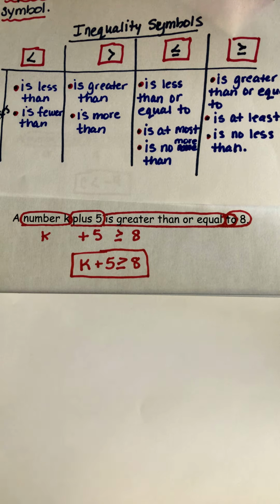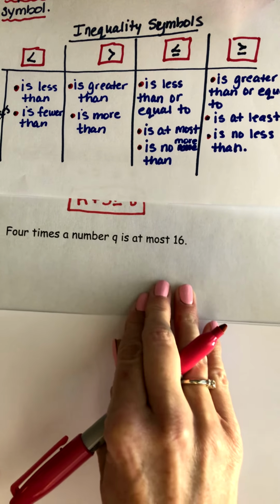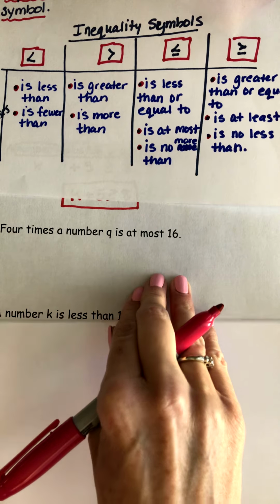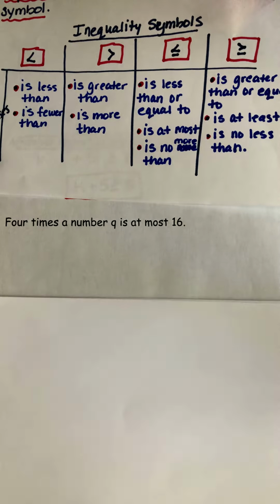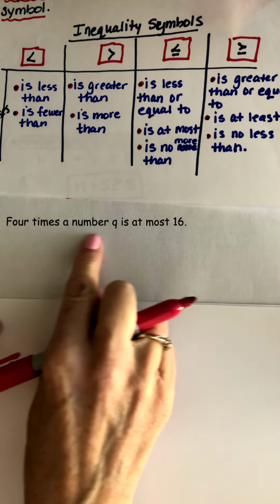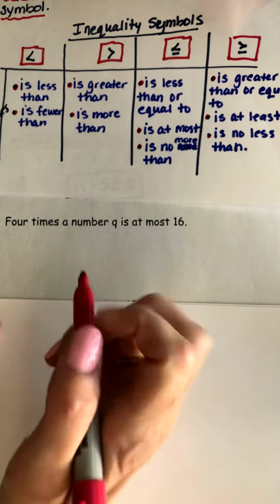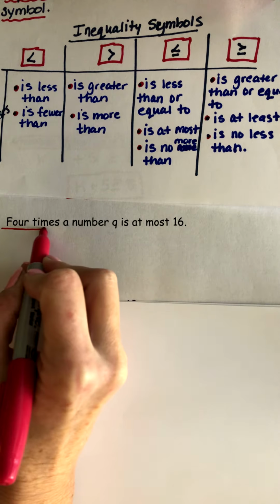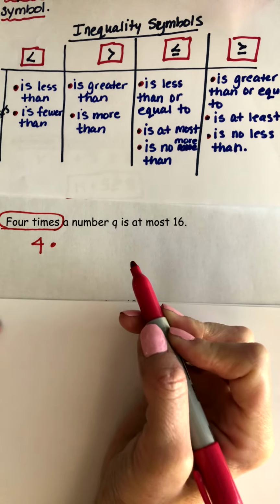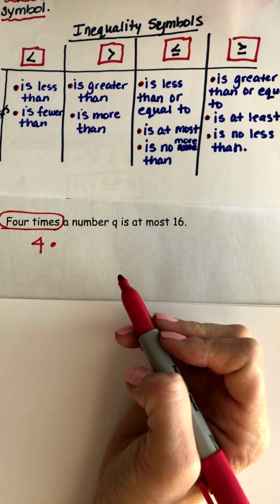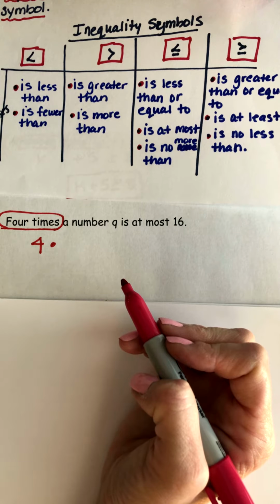The next one I want to try: 4 times the number q is at most 16. So we know it's 4 times. Remember, we're using the dot because we don't use the x for multiplication, since it's part of algebra and we might think it's a variable.